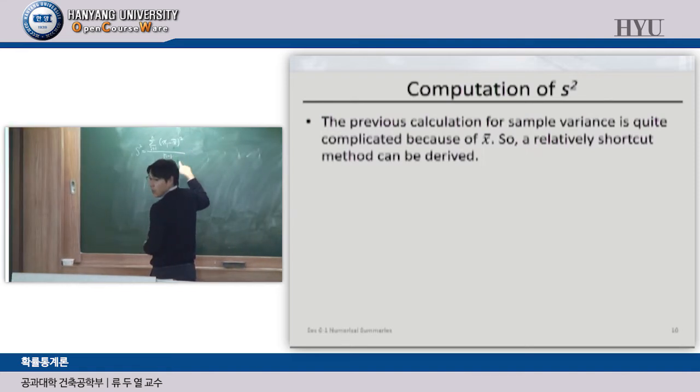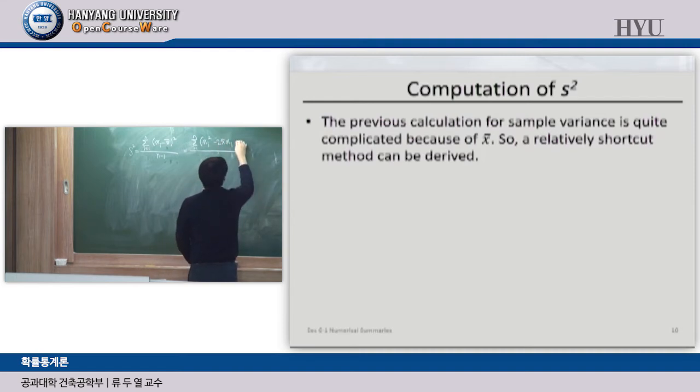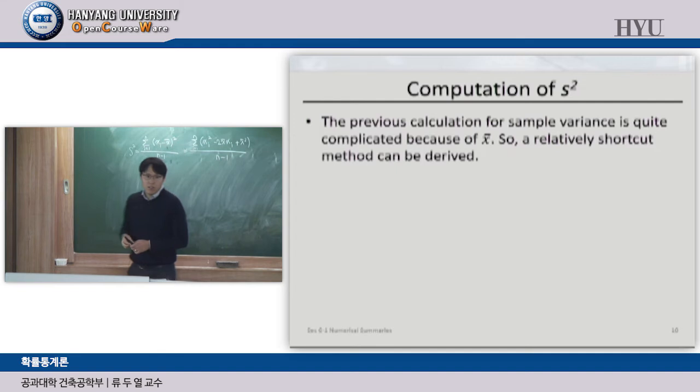So this equation can be changed to the summation of (xi square minus 2x bar xi plus x bar square) over n minus 1.